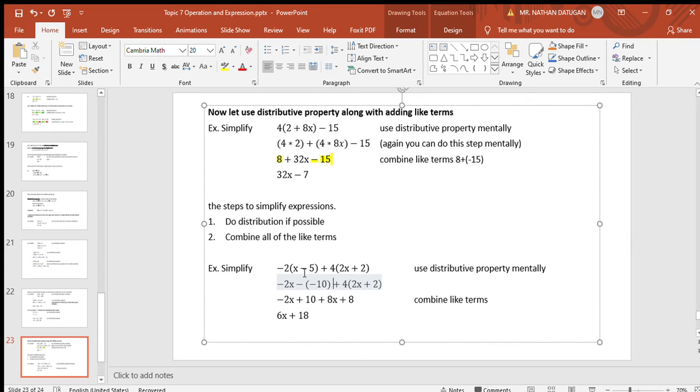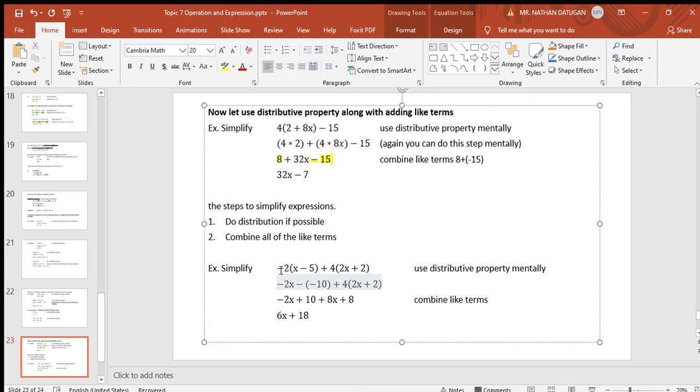So again, the sign matters, the sign doesn't change, as the operation stays the same, minus minus. Negative 2 times 5 is negative 10. This is not a negative 5, this is a minus 5.